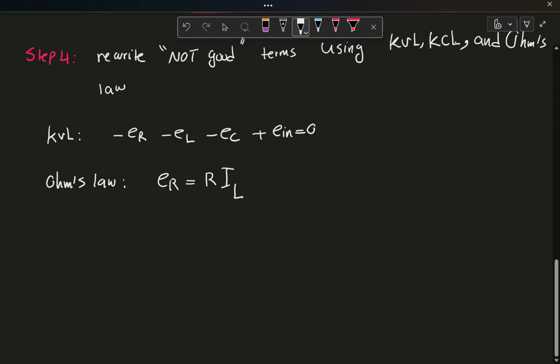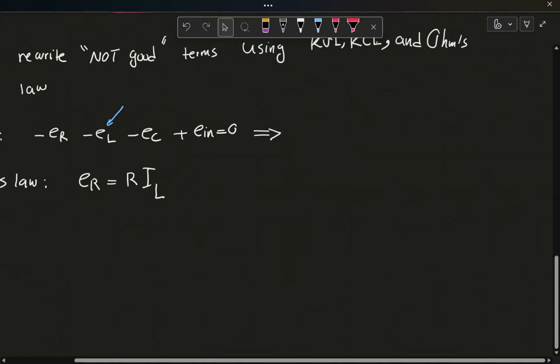Okay? Now, the whole idea was rewriting EL in terms of my good terms. Yes? So let's go ahead and isolate EL from the KVL equation. It's going to be EL equals EN minus EC minus ER. Good? Okay. Now let's look at these terms.